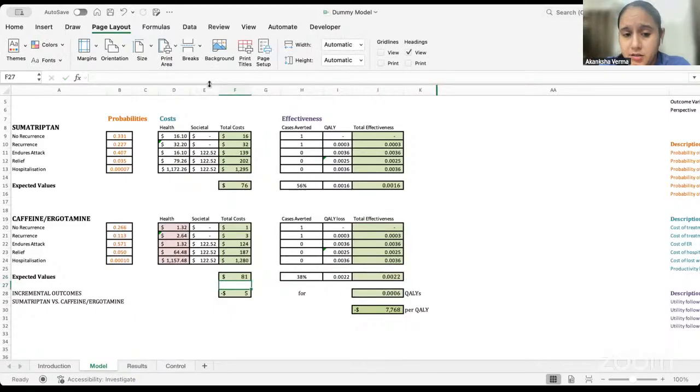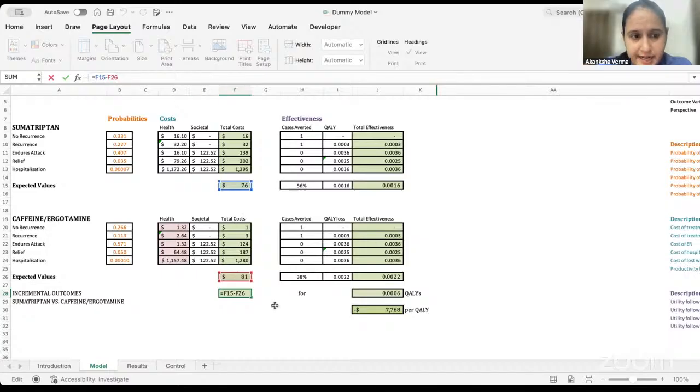Base case would be the base case result. This is the base case basically from what we have gathered from literature. You will have incremental outcome as intervention minus your comparator. You will get incremental cost here. This was the cost with your intervention.